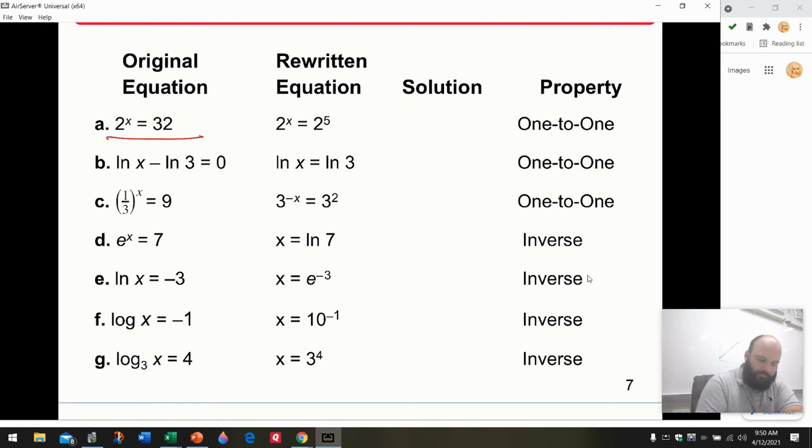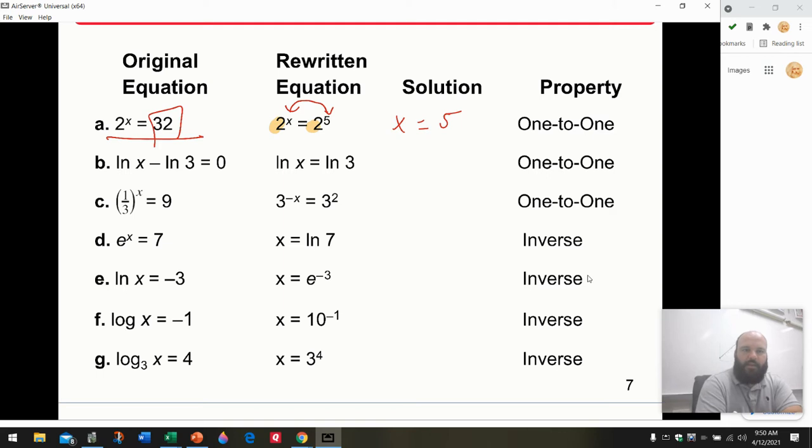In this case, 32 is 2 to the 5th power. So now what you can see is I have 2 to the x equals 2 to the 5th. Clearly, the bases are the same. They're both base 2. So what that means then is the x and the 5 have to be the same. So our solution is x equals 5.